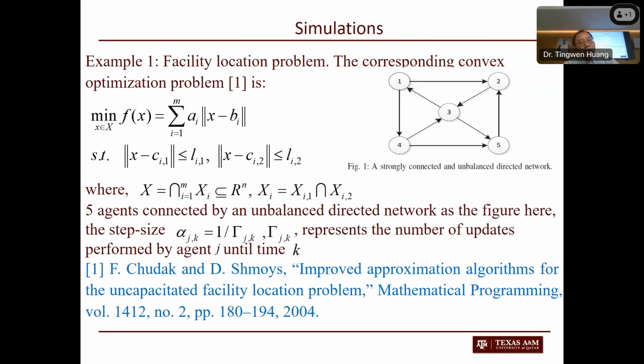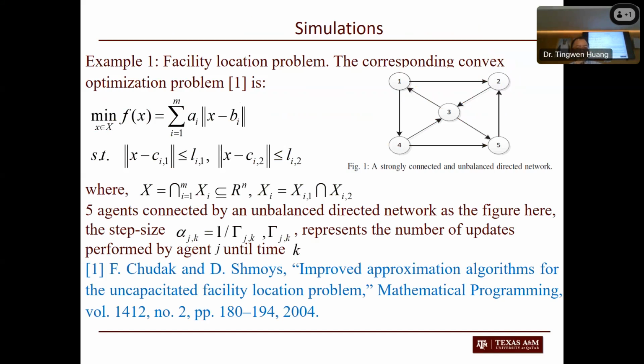Now the distance between the chosen location and some other given locations cannot be bigger than Li2. In this simulation, we just choose 5 agents. So the 5 agents are connected by an unbalanced directed network as in the figure here. So we represent this as a graph, okay?